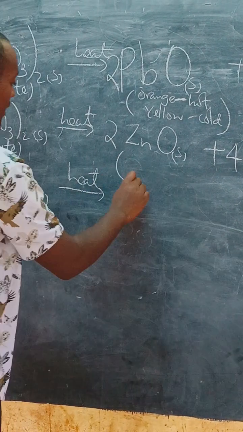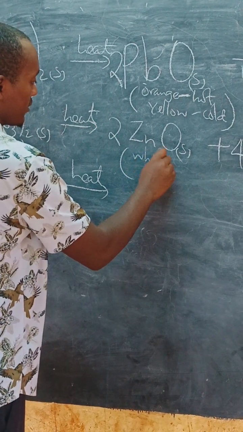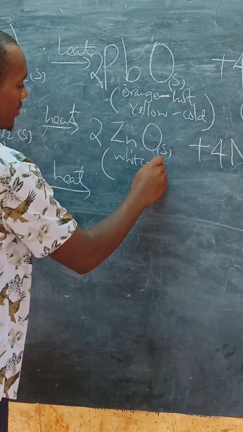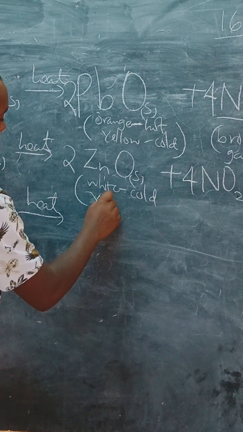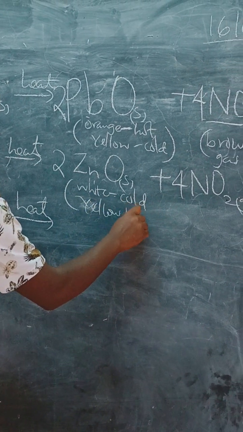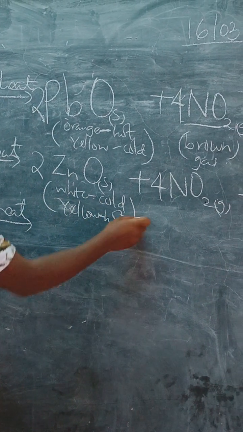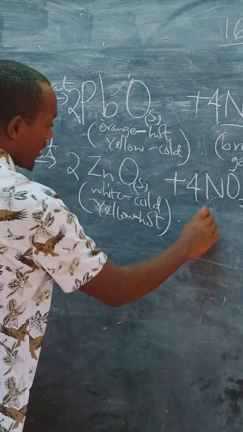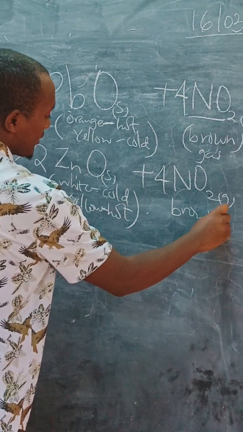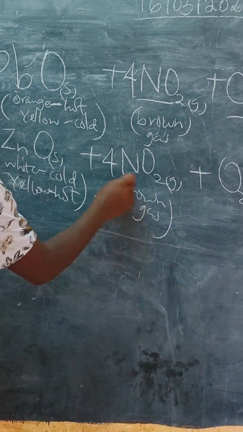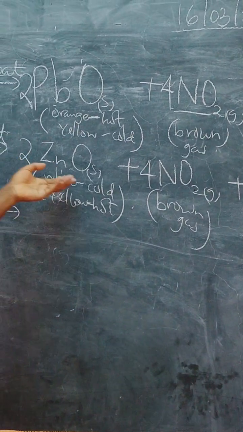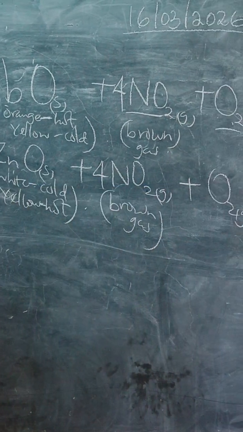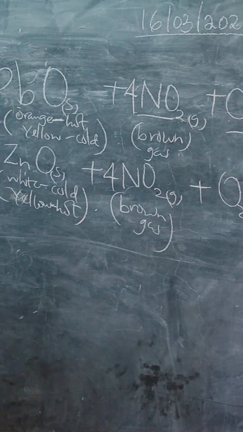Zinc oxide is white when cold and yellow when hot. And nitrogen dioxide is a brown gas. So zinc nitrate, when you heat it, gives you zinc oxide, nitrogen dioxide, and oxygen. These are the 3 products. This is thermal decomposition.